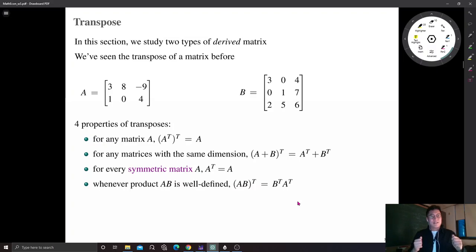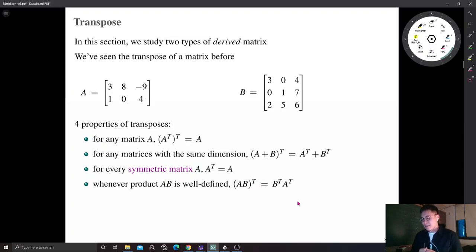All right. So I introduced the identity matrices and the zero matrices, two special types of matrices, and the next topic in chapter 4 is two other basic operations on matrices.